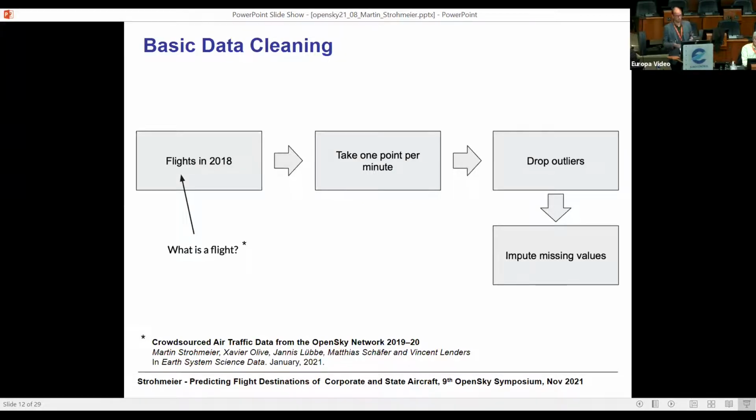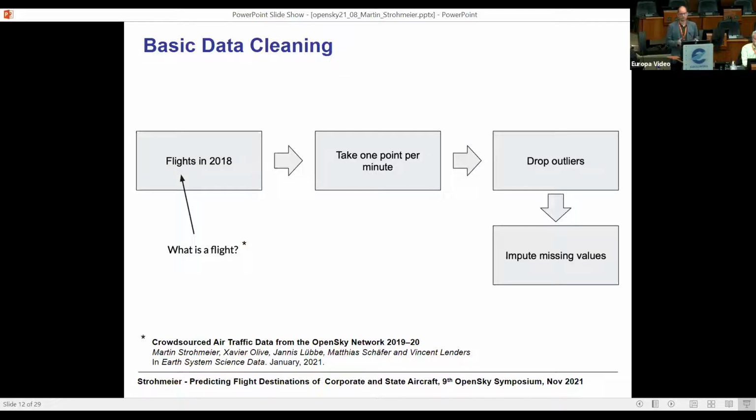So as happens so often with these machine learning approaches, most of the work goes into basic data cleaning. We have heard often, we have had a lot of talks about this at prior OpenSky symposiums, and things have also gotten much easier with certain libraries that are now available also for OpenSky data. But in principle, it's always the same.